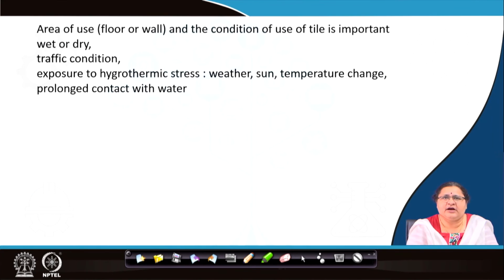Now, the area of use and the condition of use of the tile is important. As I told you, wet or dry. Traffic condition: what kind of people will be using it. Think of a busy airport or a railway station. You cannot allow people to slip.